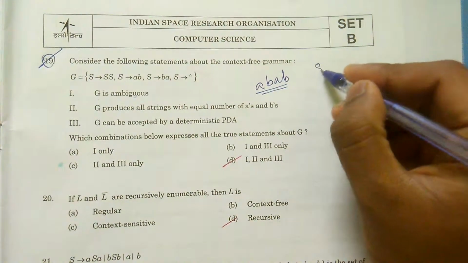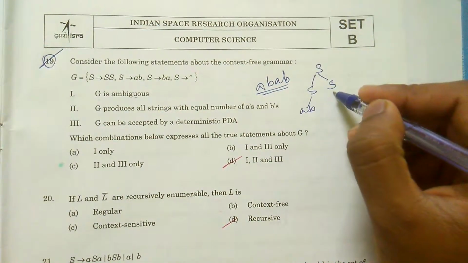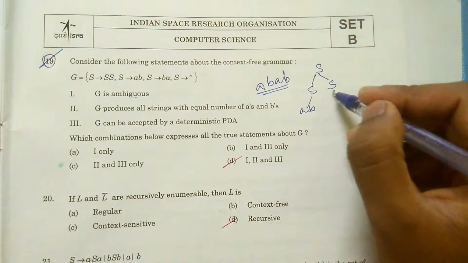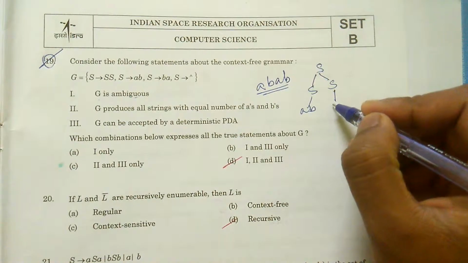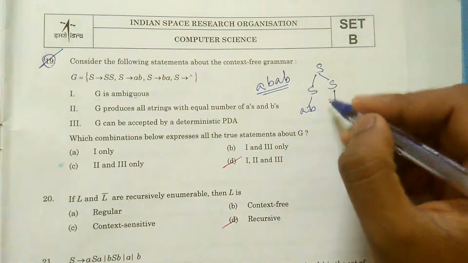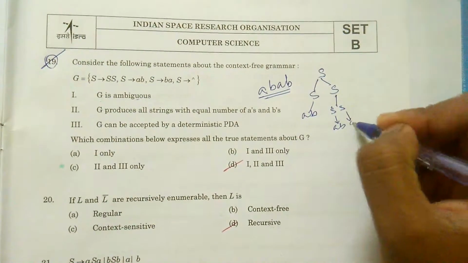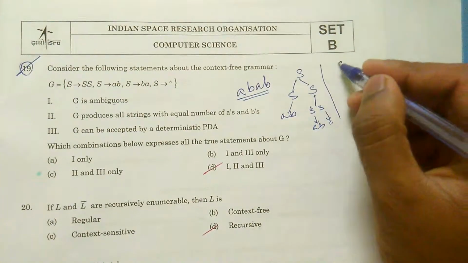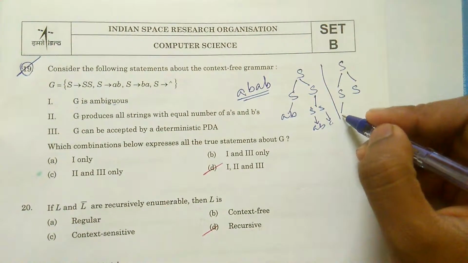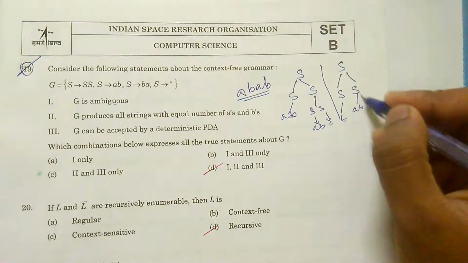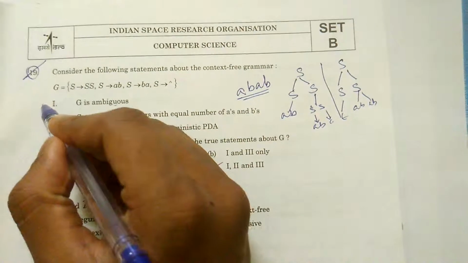Like SS, for here you can give AB, or here you can get SS. After that you can get AB here, and for here 0 1. Another is SS. From here you can get null. From here you can get AB. So for one string you can get two trees, so it is ambiguous, so it is correct.